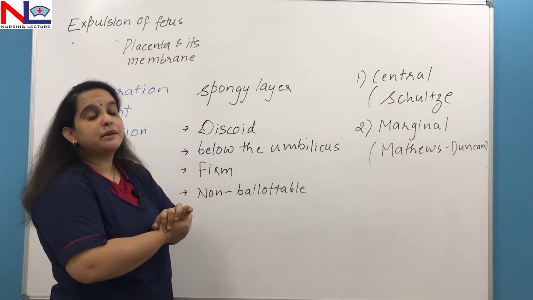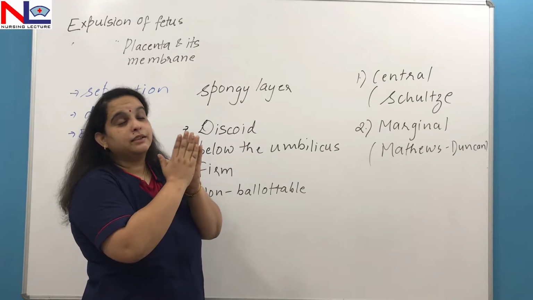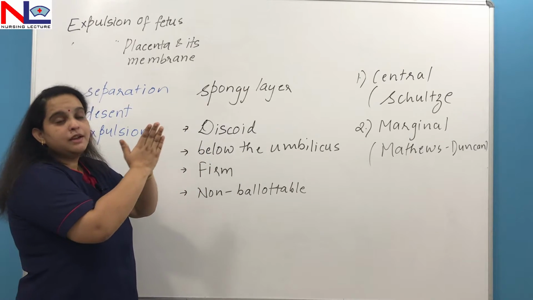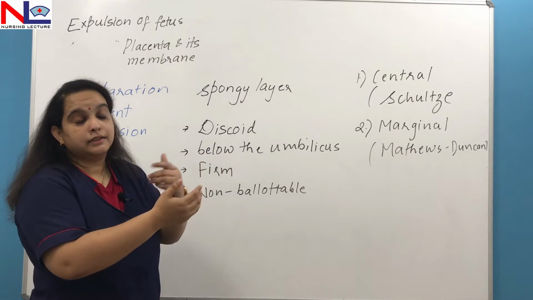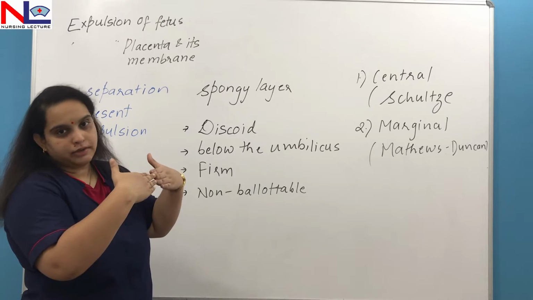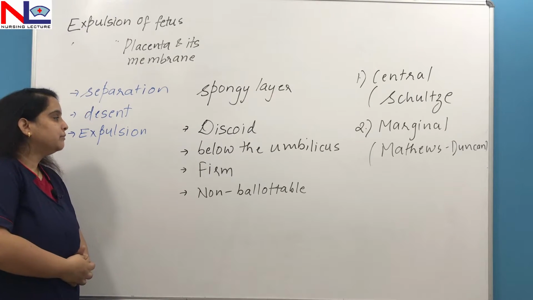In marginal separation, the peripheral edges of the placenta become separated, and with the progressive retractive ability of the uterine muscle fiber, the placenta gets detached progressively, right? So this is called the marginal or Mathews-Duncan method.